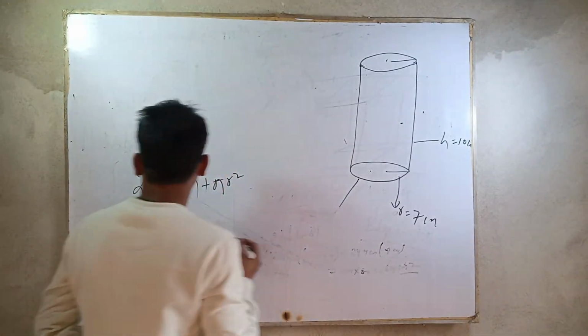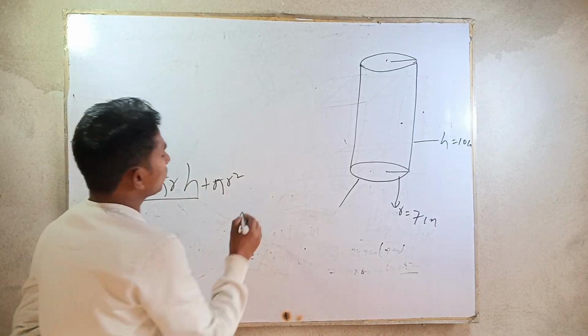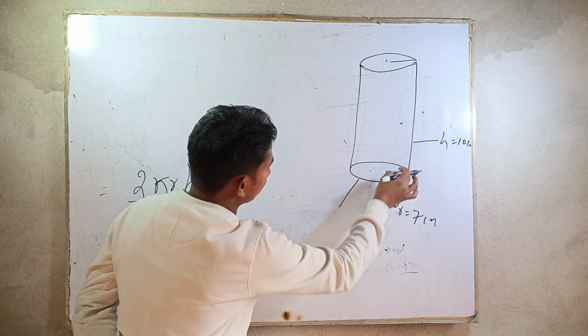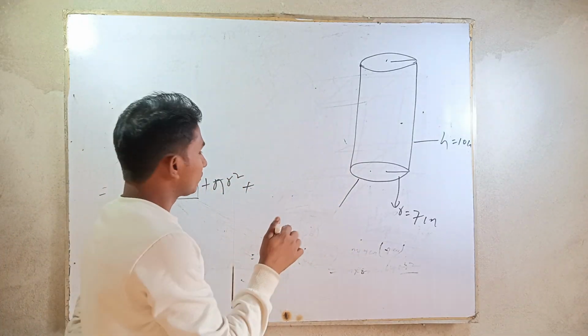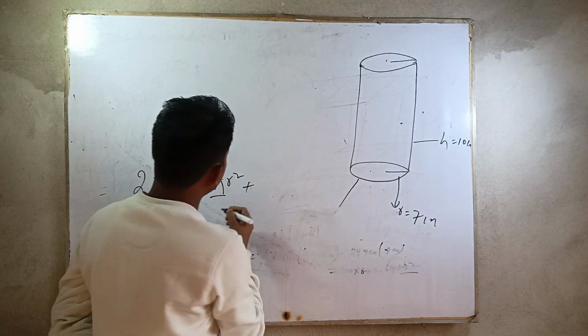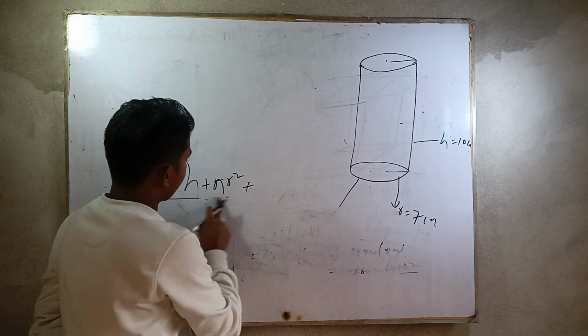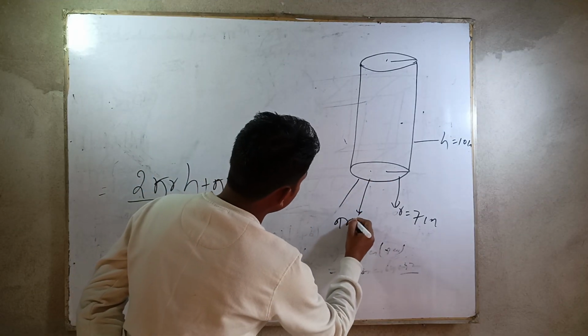The painter says that first I paint its lateral surface area. Next, I also paint the upper side of the drum. If this one is also a circle, its area is pi r square.